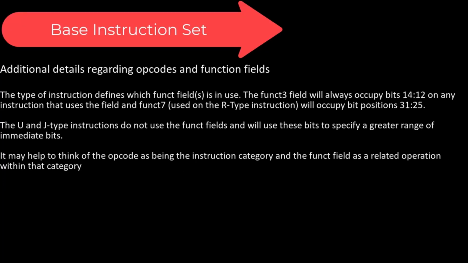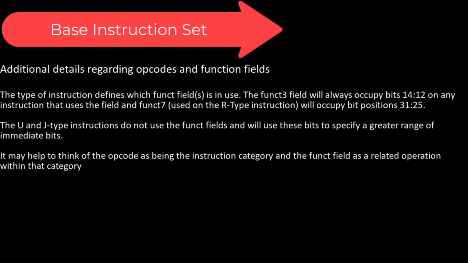The type of instruction defines which funct field is in use. The funct3 field will always occupy bits 14 through 12 on any instruction that uses the field, and funct7, used on the R-type instruction, will occupy bit positions 31 through 25. The U and J-type instructions do not use the funct fields and instead will use these bits to specify a greater range of immediate bits.